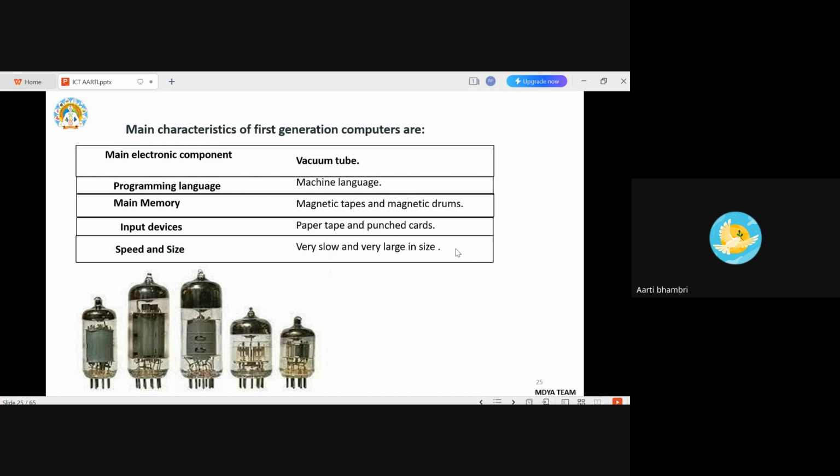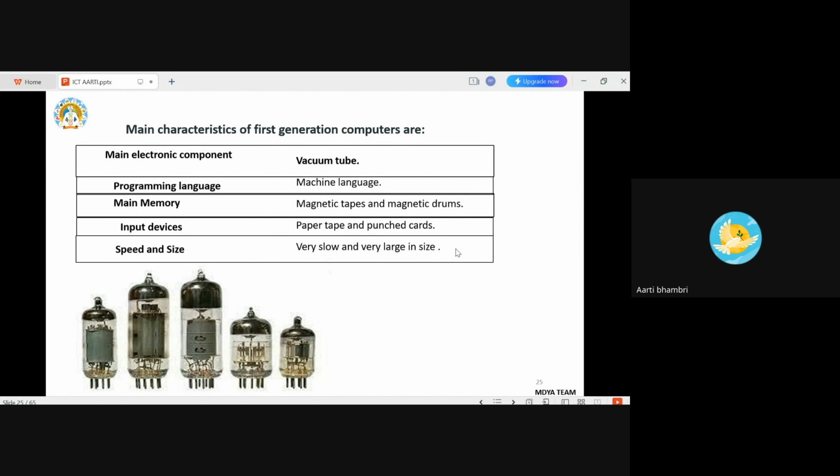There is no monitor or display unit; we give instructions and get output through punch cards and paper tape. Speed is very slow and size is very large.